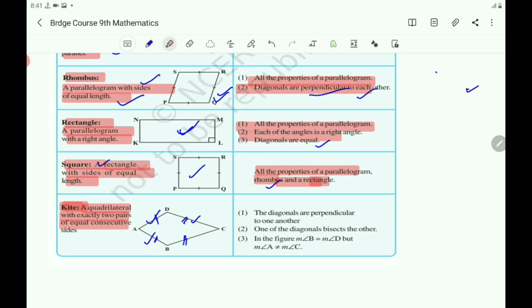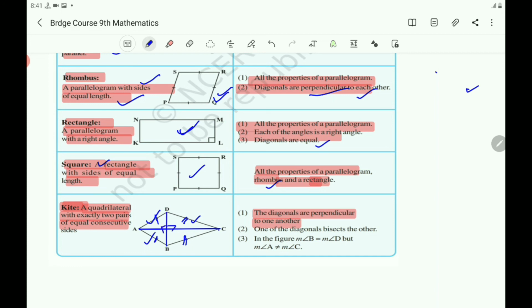Then what are the properties of a kite? The diagonals are perpendicular to one another. You know what diagonals are? Here if you join A and C, you will get a diagonal. Similarly, if D and B are joined, you will get one more diagonal.